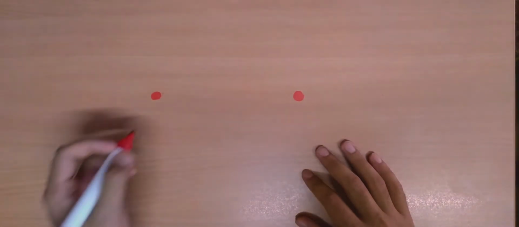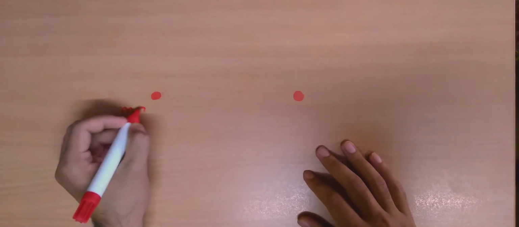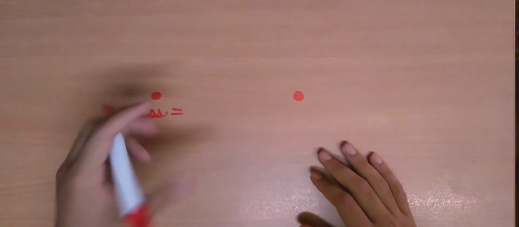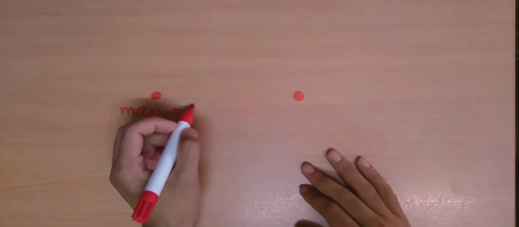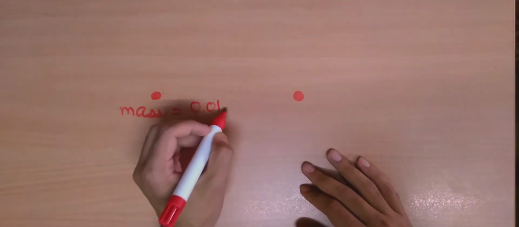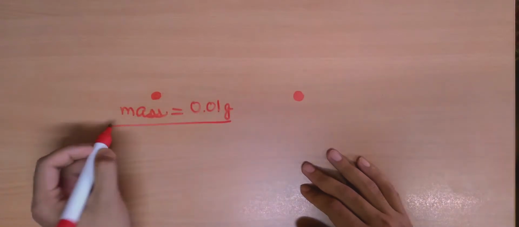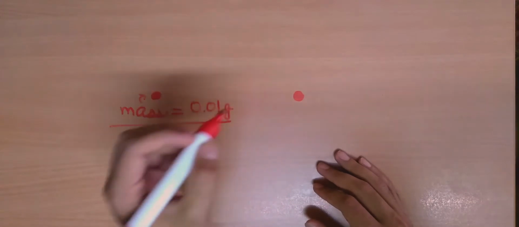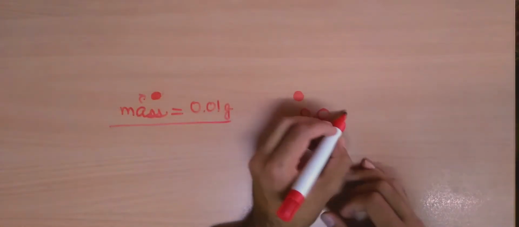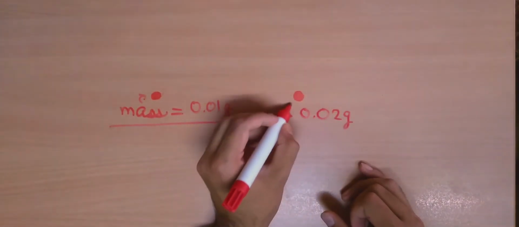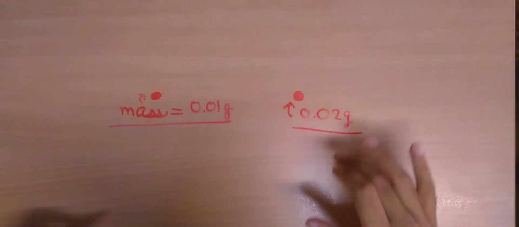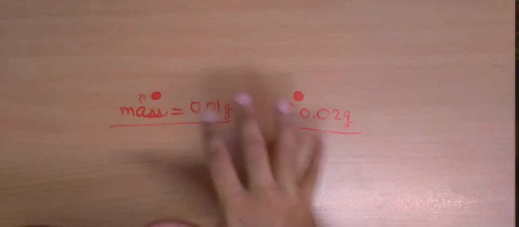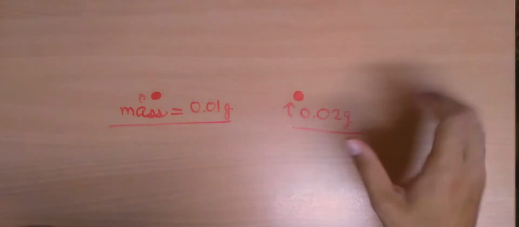So let's say this particle has, taking a hypothetical value, 0.01 grams of mass, and let's say this particle's mass is 0.02 grams. So this number is simply a property of this particle. The mass is simply a property of these two particles, and they tell something about this particle.